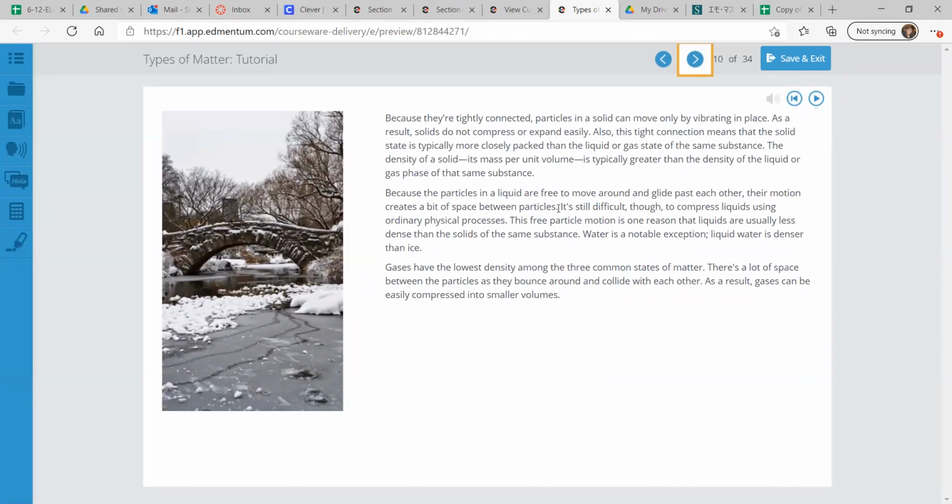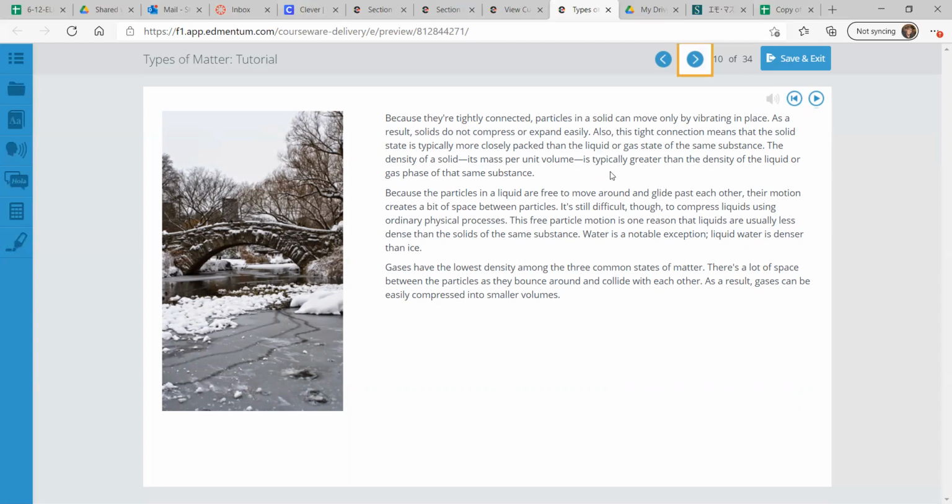So this goes on to talk about the tightly connected particles in solids and how you cannot compress solids very easily. You can compress liquids a little more easily than solids, but gases are very compressible.